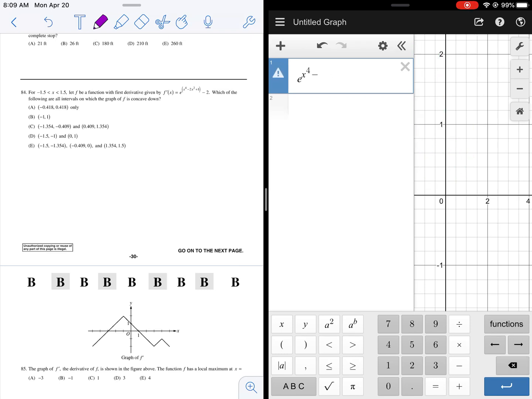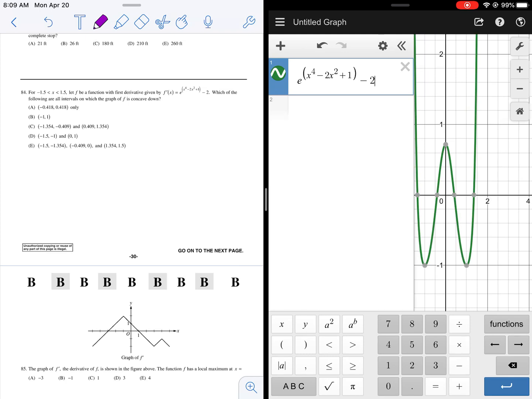Alright, I think I might have to do this. Some parentheses here. And then minus 2. All right, we're looking for where it's concave down. So this is f prime.